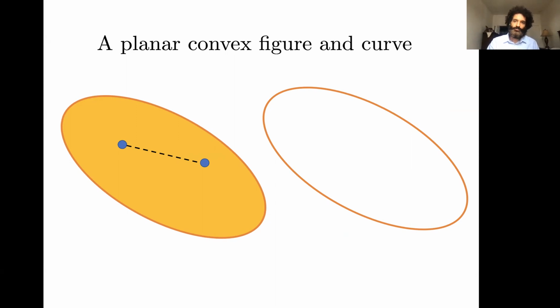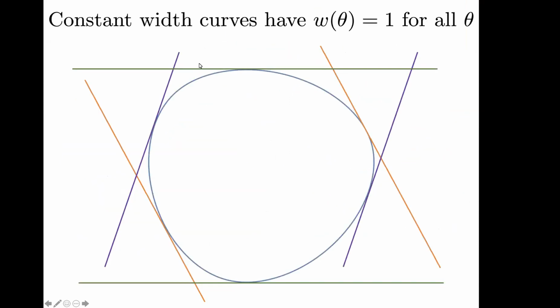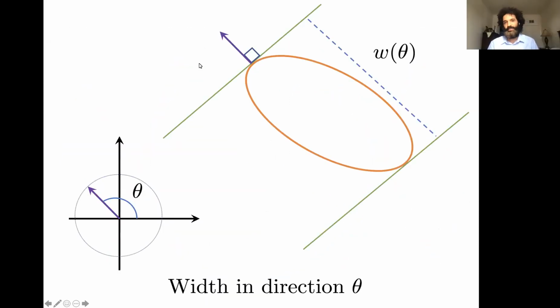Another important notion for us will be that of the width in a direction theta. So you give me a theta point on S1 or an angle made with the x-axis as drawn right here in the lower left.